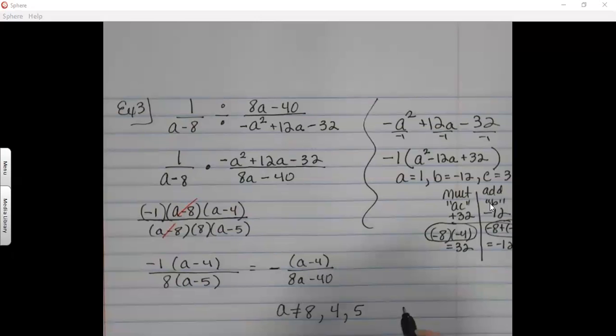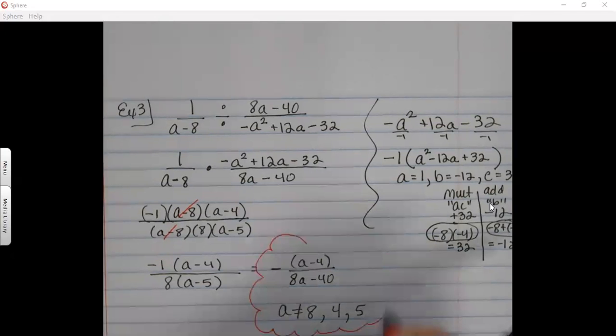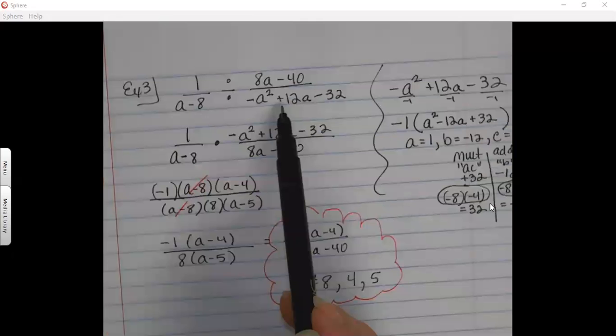The 4 came from, okay, so originally negative a squared plus 12a minus 32. It was in the denominator originally. So anything that was ever in the denominator, I've got to look at for restrictions. But it's easier to get the restrictions after you factor it. And when we factored that, it factored as negative 1 times a minus 8 times a minus 4, if you go down to that third line where everything's factored.